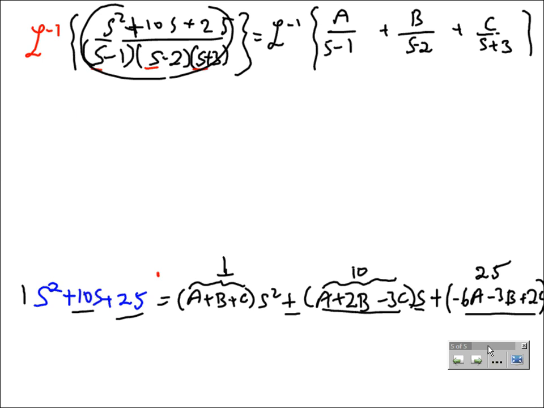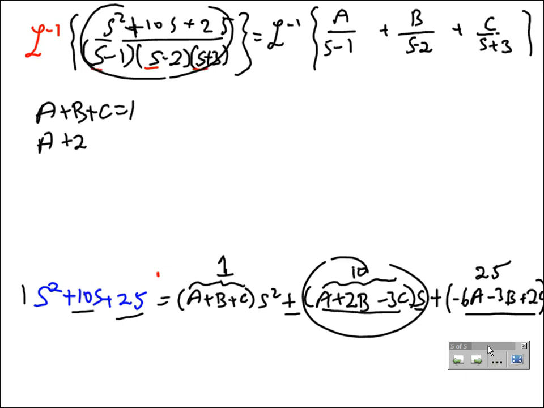I know that a plus b plus c should be 1. And I know this equation, a plus 2b minus 3c is 10. The last equation, negative 6a minus 3b plus 2c should be 25.